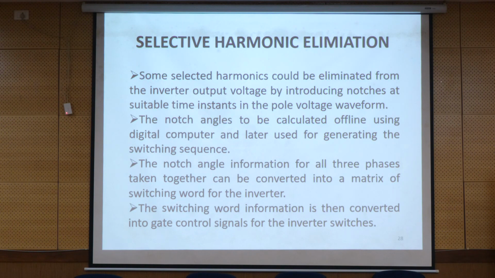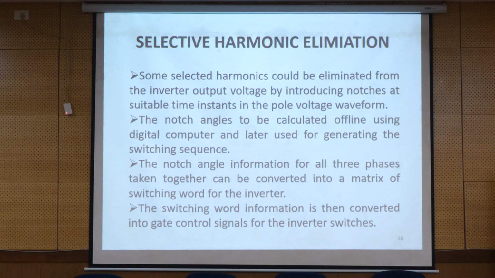Once you know which harmonics are present, you calculate the notching angles and apply them to your system to eliminate those harmonics. The notch angle information for all the three phases taken together can be converted into a matrix of switching words for the inverter.